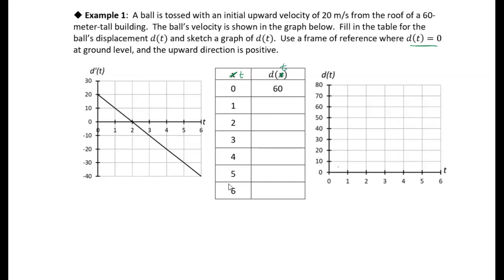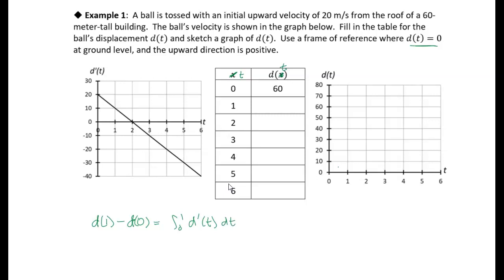What the fundamental theorem of calculus tells us is that d of 1, the position at 1, minus the position at 0, is equal to the integral from 0 to 1 of d prime, which is the velocity v of t, dt.